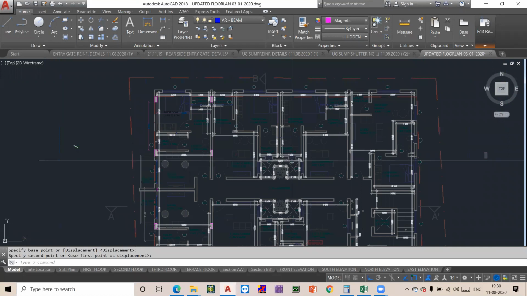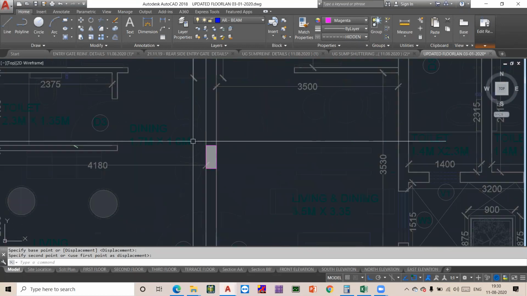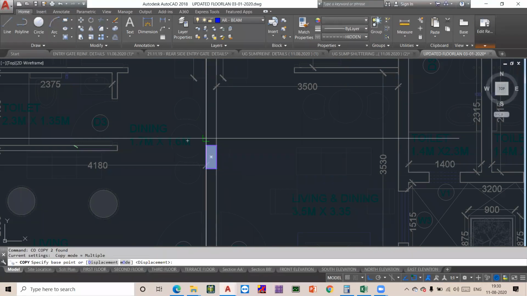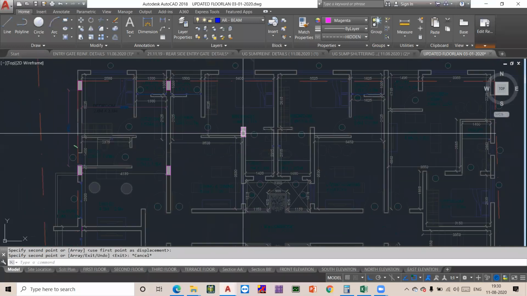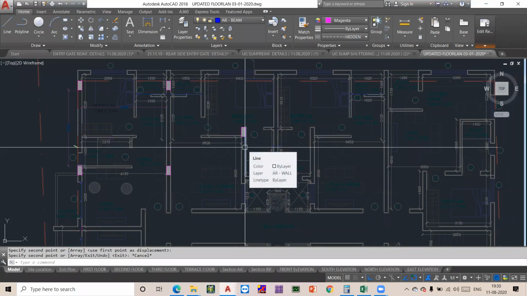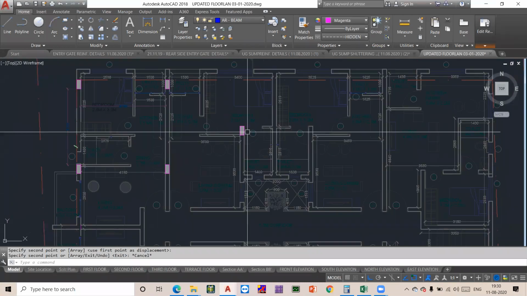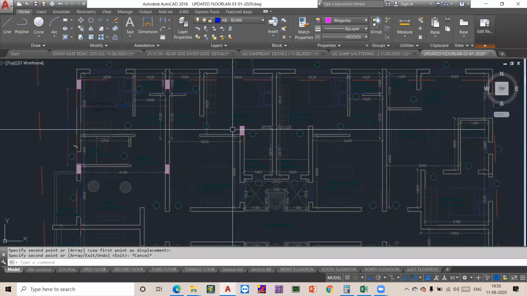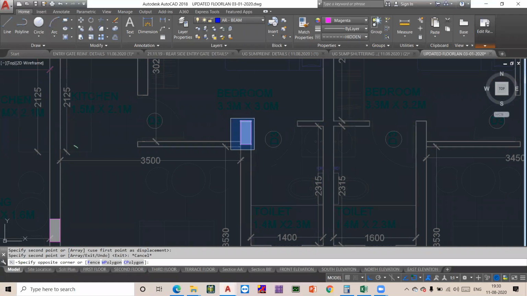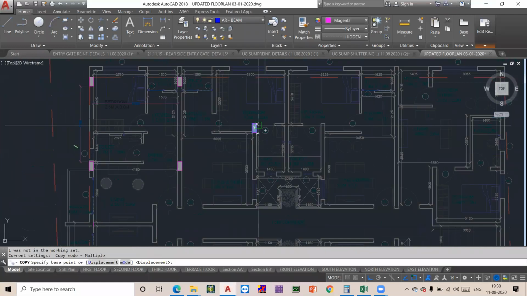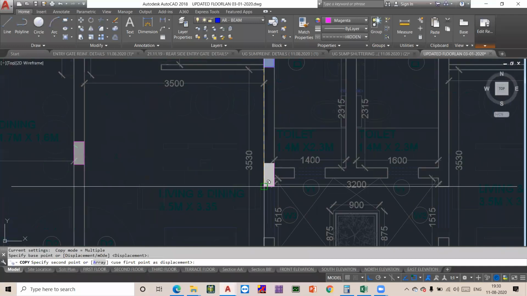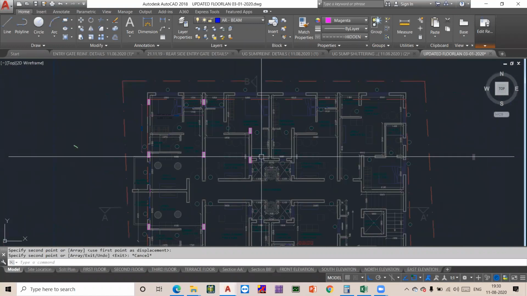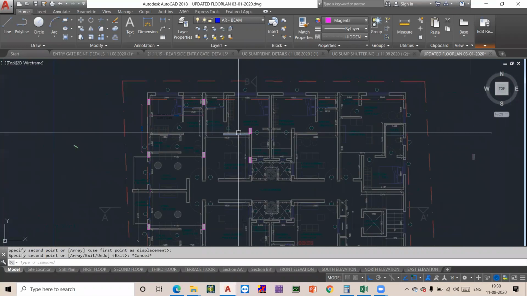Now coming to this, we can start with the column. Again, I am finding the wall that is suitable for locating my column. Here, centrally I will be requiring a column, and having said that, I may have to consider another additional column here.